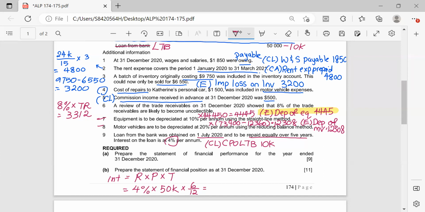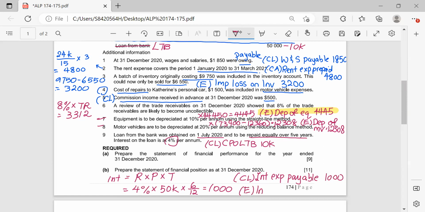So you get 1,000. So this 1,000, you need to create 2 new accounts. One is your CL, so this is your interest expense payable. At the same time, this is the amount that you incurred as well.